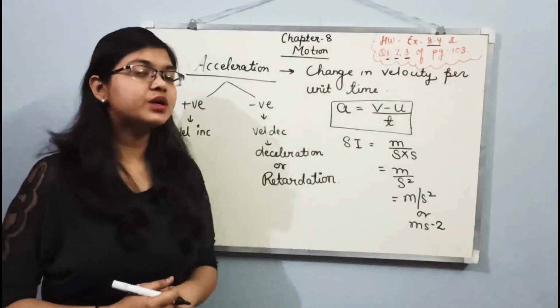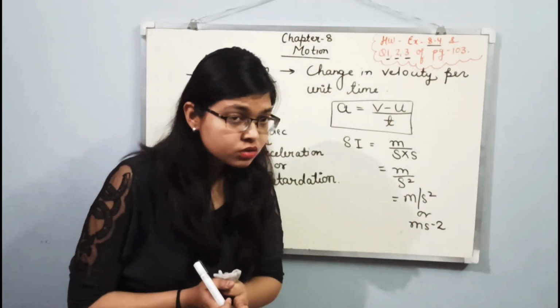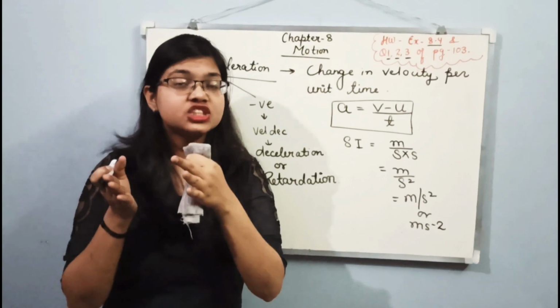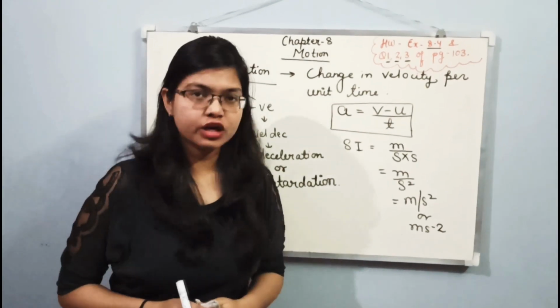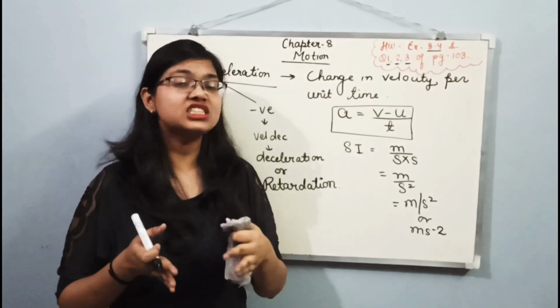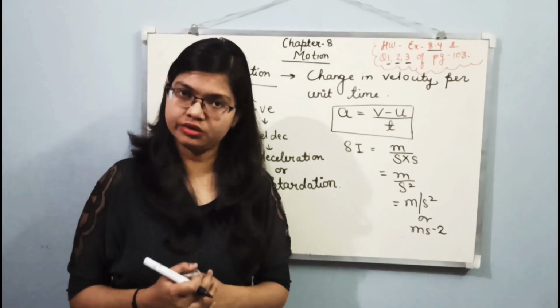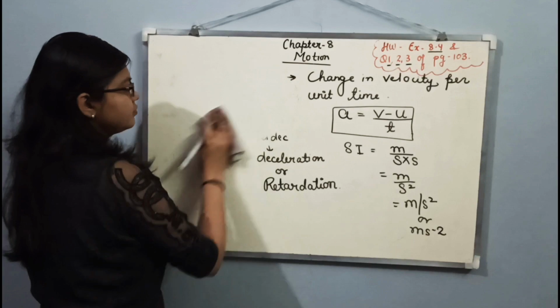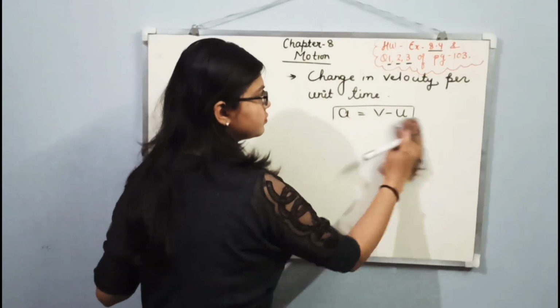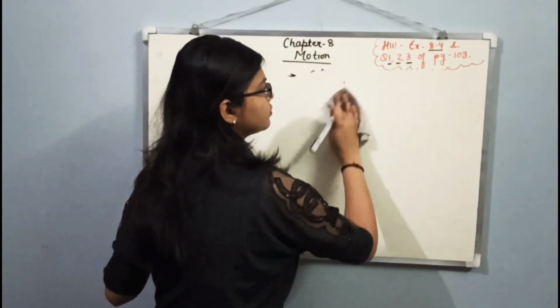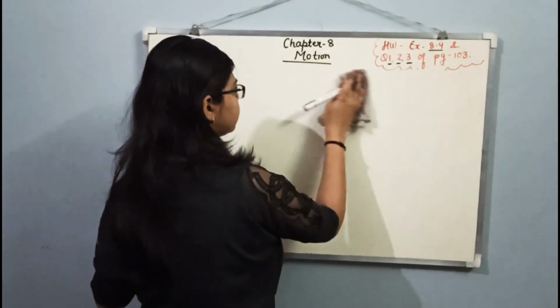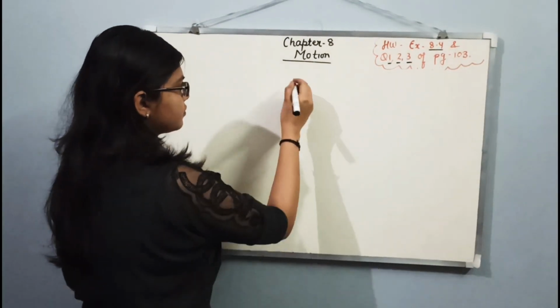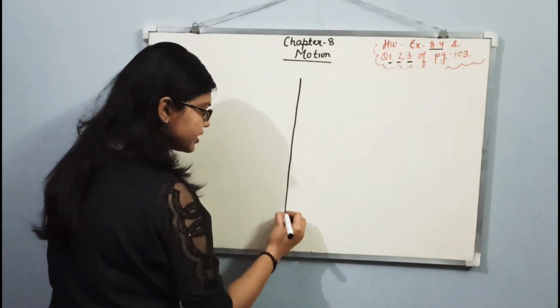But sometimes what happens, whenever we are moving on the road, that change in velocity is also not uniform. Now what is the meaning of a change in the velocity or the speed not being uniform? Let's see an example. I'll take two situations here.